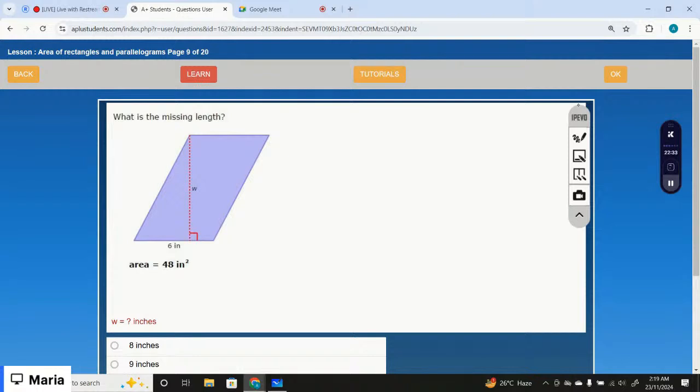What is the missing length? Which is the correct option? That is 6 times 8 is 48. So the correct option is 8 inches. Option number 1 is the correct option.